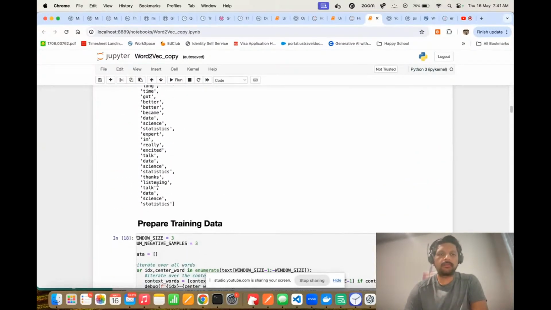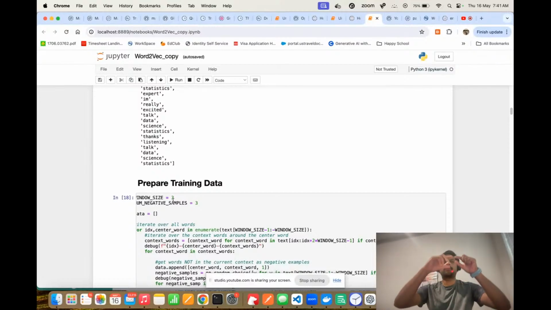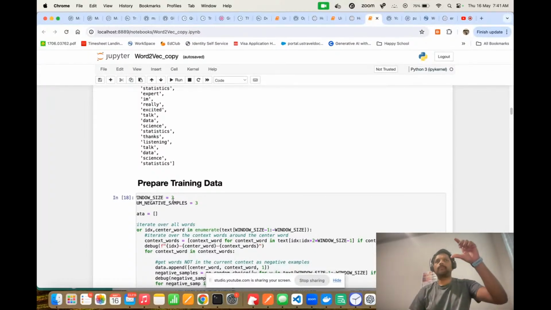My text is second of window size 3. That means you should take it as a slider of length three words, and then it will keep moving down. You keep a slider, you pick up the third word, move the slider to the third word, and pick up the bottom two words.